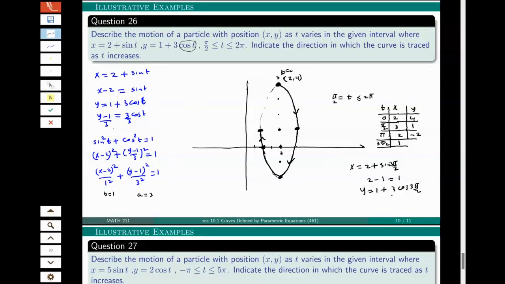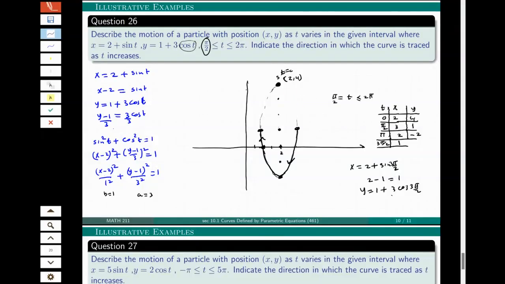Oh, by mistake I started from 0, but this one says starting from pi over 2, so that's not our start.